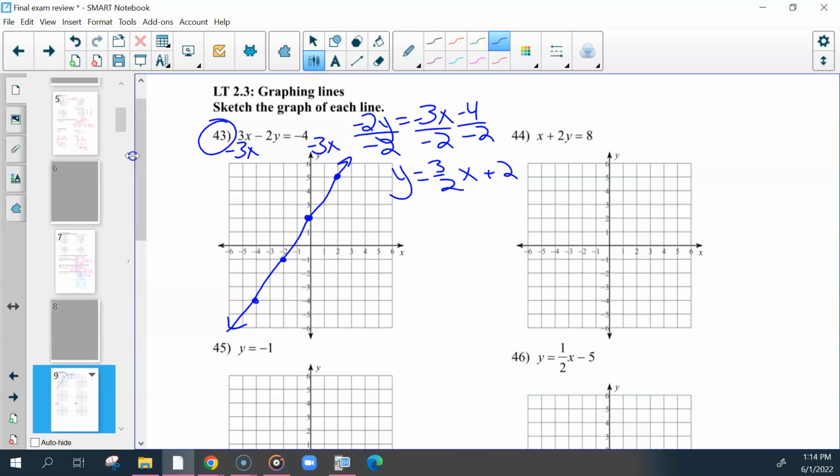For these, you will have access to your calculator, so you can always double check your work in the calculator, as well as your rulers if you need it. Do we have any questions on 43?